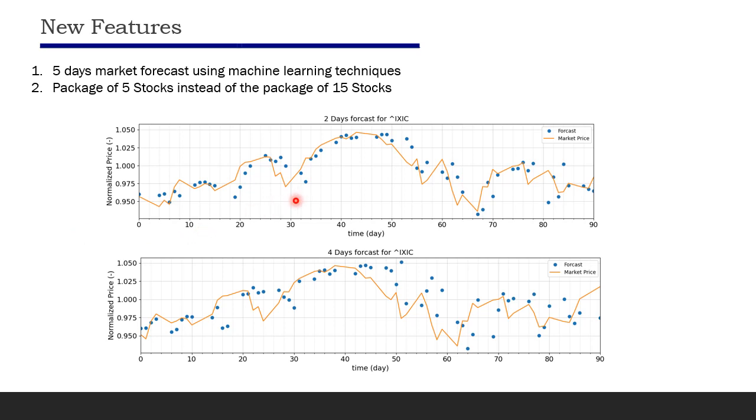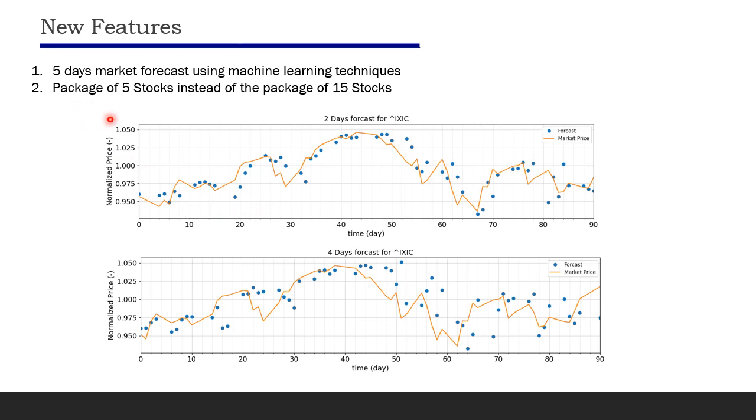These dot points show the market forecast, and the red curve shows the price changes during these 90 days. Here you can see a 2 days forecast and a 4 days forecast. As you see, this method is not always able to predict the behavior of the market, because the market behaves according to new news rather than similar conditions in the past.